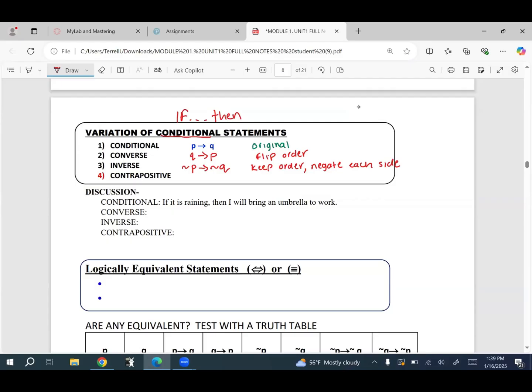So if Q, then P. Inverse means I'm going to keep the order, but I'm just going to negate it. So not P, then not Q. And finally, contrapositive means, in terms of the original, I'm going to flip it. So it kind of looks like the converse, but then I'm going to negate each side. So this is flip the order and then negate each side.